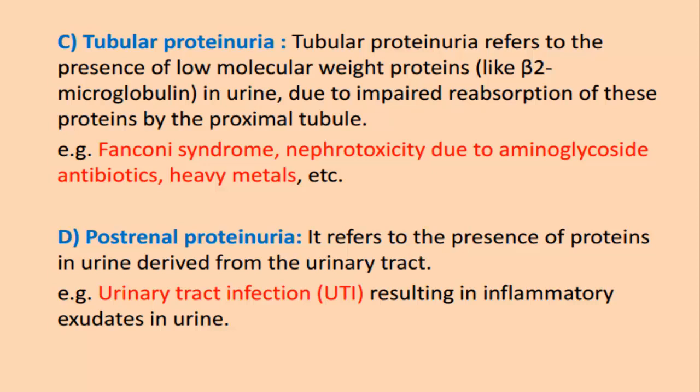Examples of tubular proteinuria are Fanconi syndrome, nephrotoxicity due to aminoglycoside antibiotics, heavy metals, etc. And the last one is post-renal proteinuria. It refers to the presence of proteins in urine derived from the urinary tract, for example urinary tract infection resulting in inflammatory exudates in urine.